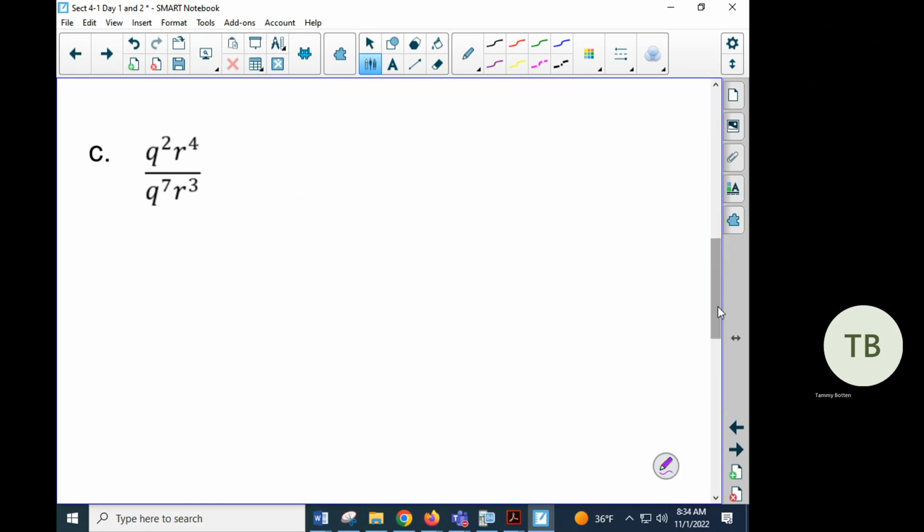Then, if I look at this one, okay, so I was kind of explaining this before. If you have 2 q's on top and 7 q's on the bottom, how I would do this is I would subtract these. 7 minus 2 is 5. And you put q to the 5th power where the bigger one is.